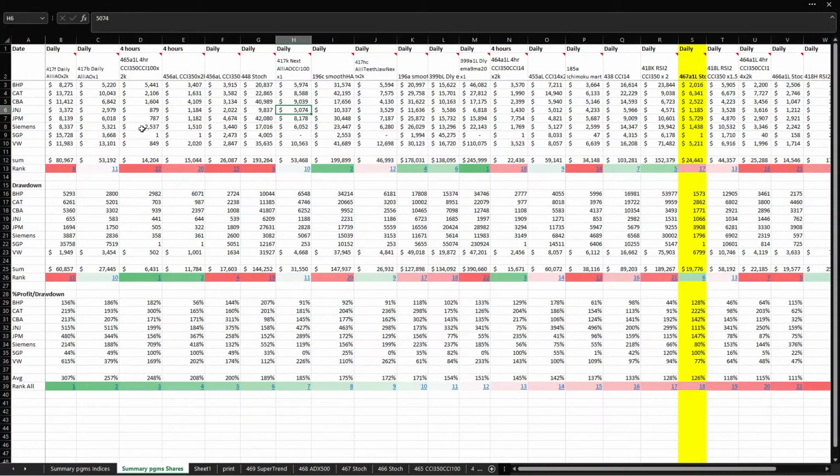So if you look at this example here, ranked third in terms of profit over drawdown percentage, but 22nd in terms of revenue. And this one is also ranked first in terms of drawdown. In other words, the least drawdown would have been required had we traded that particular strategy. So again, overall, not our best result in terms of strategies, but I'll keep these updated in future videos to show you the results as we move forward.